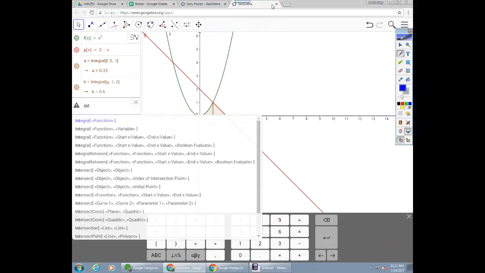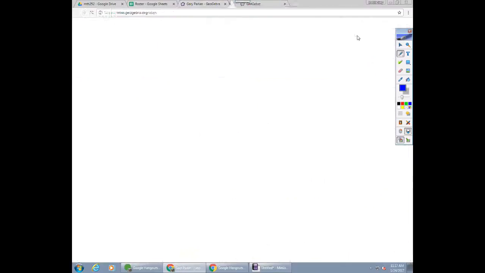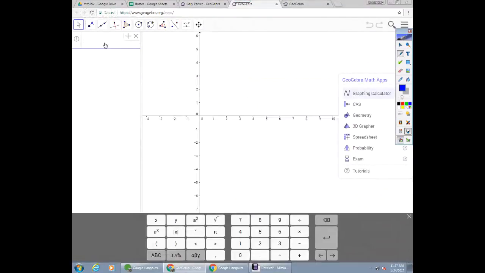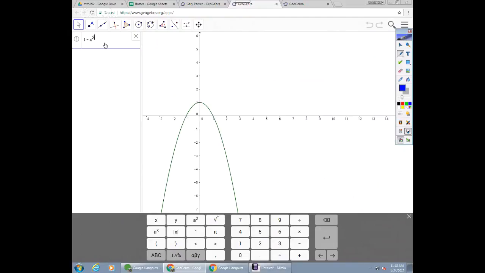So let me bring a new window up here. So if we had a definite top curve, like the other day, we had 1 minus x squared on top, and then we had x squared minus 1 on the bottom, and we're trying to find the area in between.